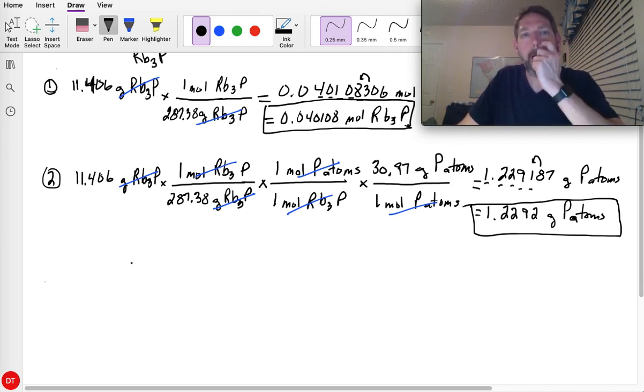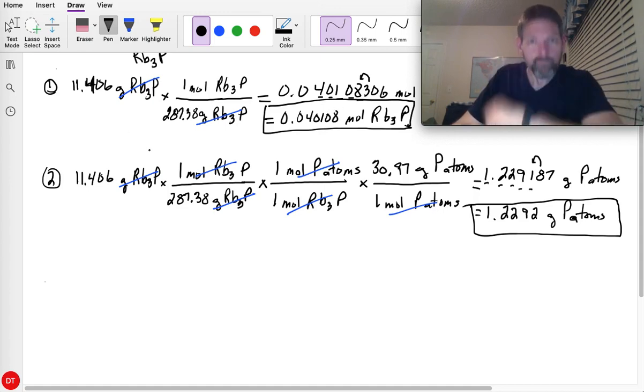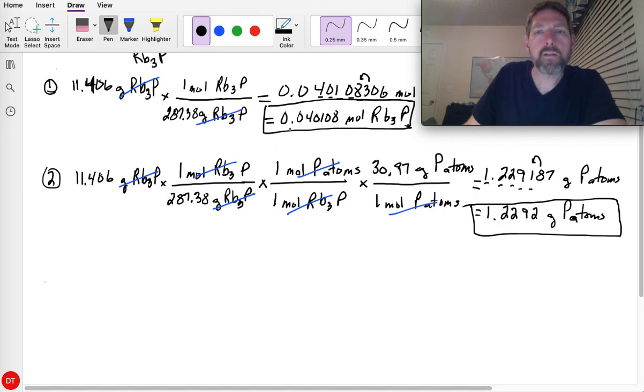One thing that I found is that people get some stuff wrong when they start with this number here. Let's just say instead of starting with the mass, they would start with moles.